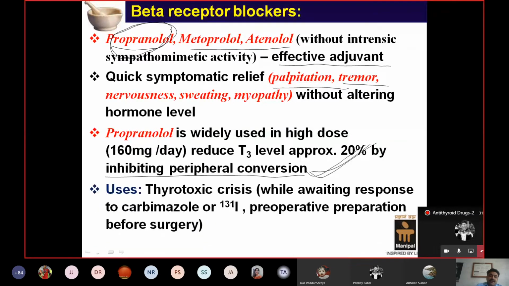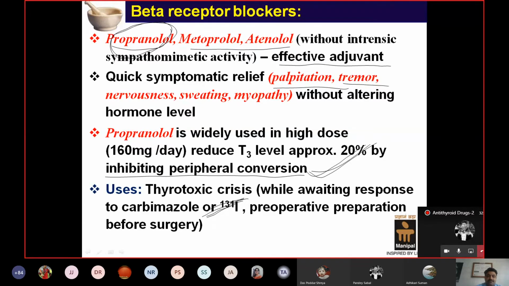Now, uses: what are the uses of beta blockers? We can use them in thyrotoxic crisis, when there is a crisis or severe case of hyperthyroidism. In that case, you can use them while awaiting response to carbimazole, or you can give radioactive iodine, but radioactive iodine is not preferred in this crisis.